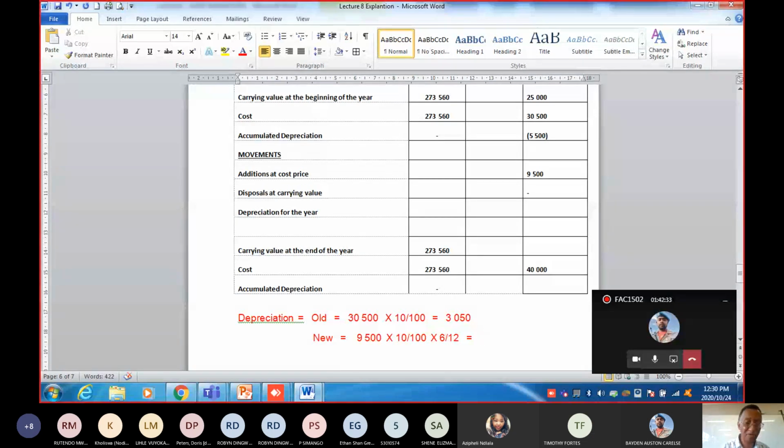So if you must now provide for the depreciation expense on your equipment, into your note, depreciation for the year, the depreciation will then be 3,050 plus 475 rand.